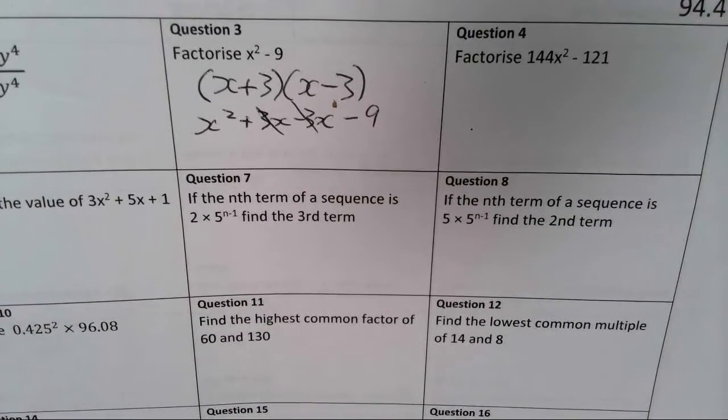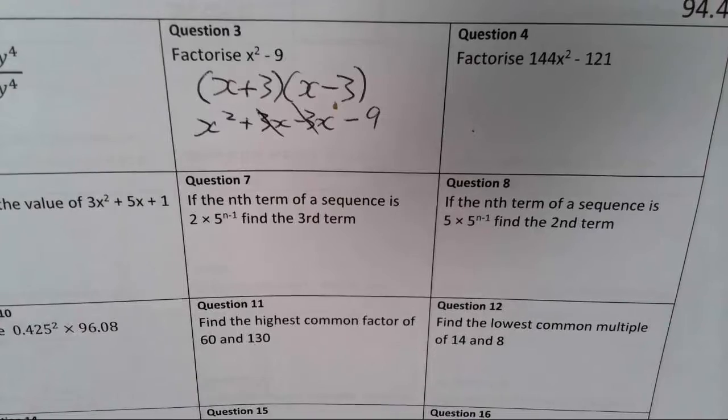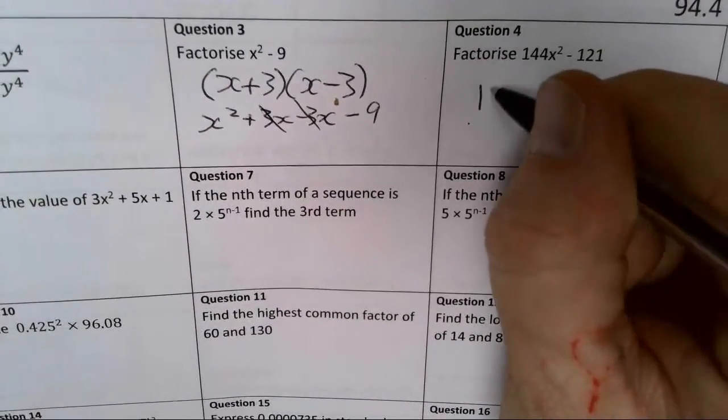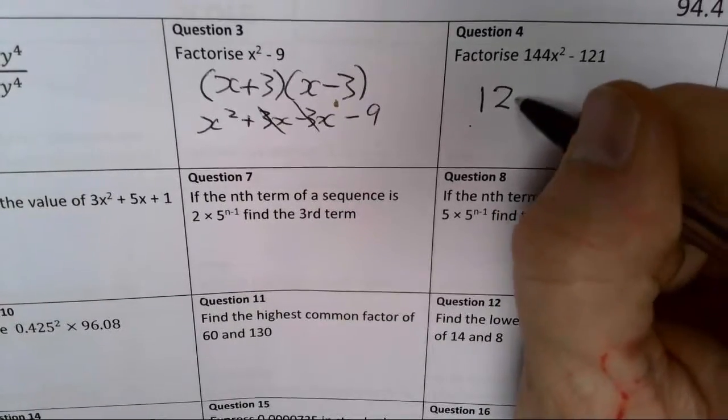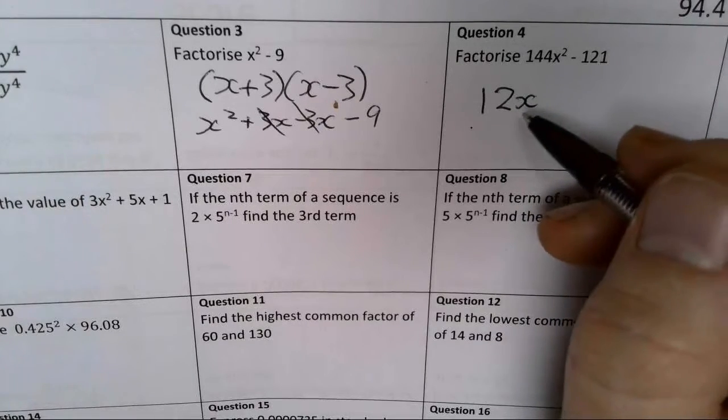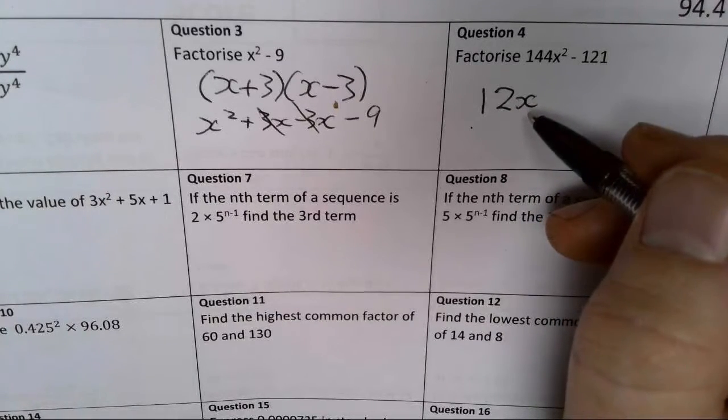144x squared minus 121. I feel like we had this one last week, but it's 12x, and then because that squared is going to give me 144x squared.